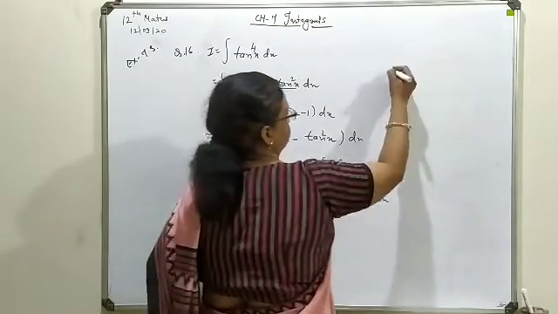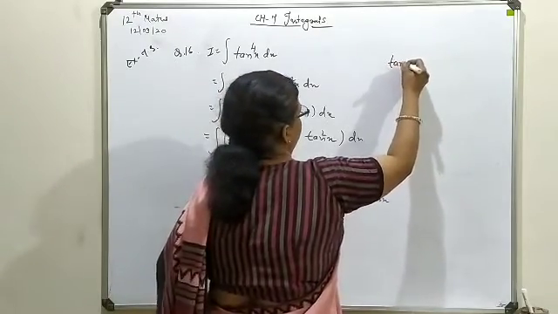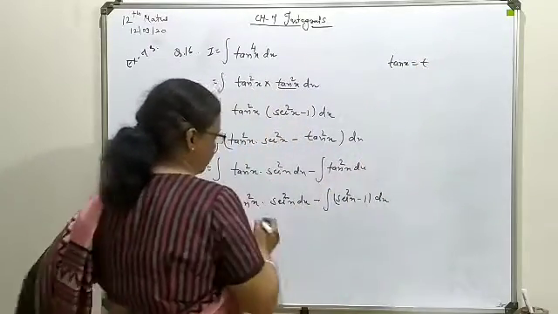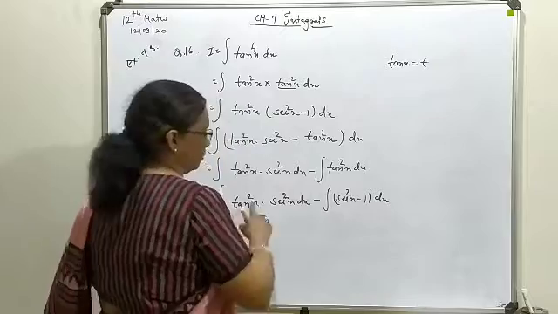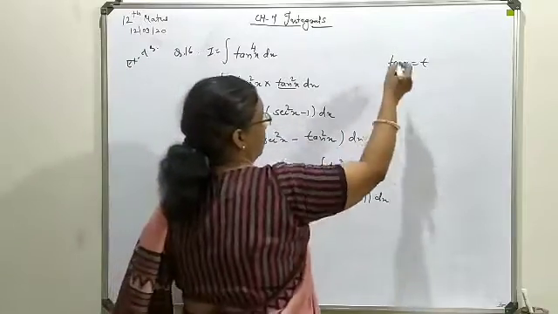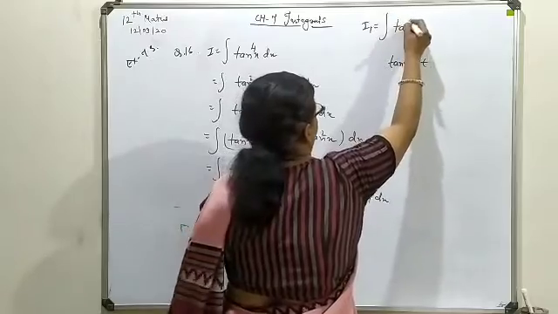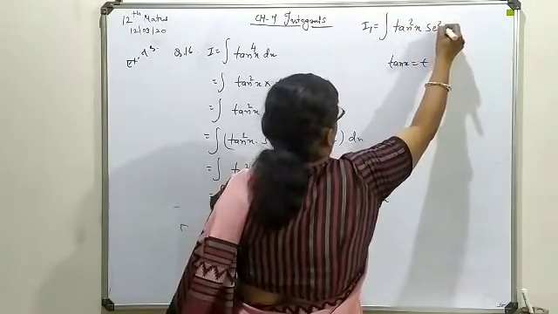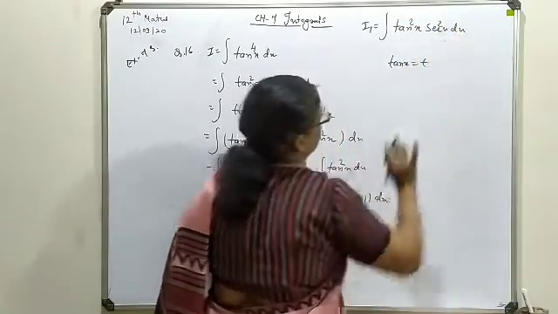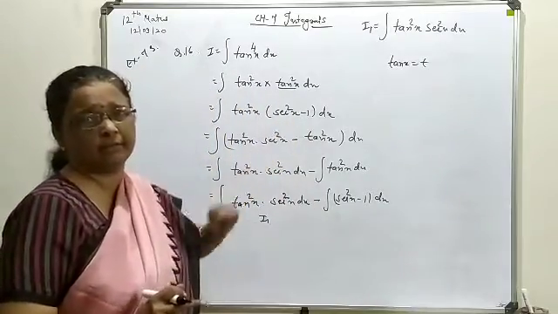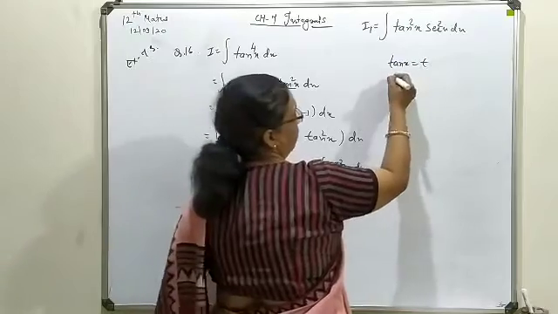So here tan x we will suppose as t, or this you can handle as I1 also. So for I1 it is your tan square x sec square x, along with the solution also you can suppose. So tan x you are having as t, make it differentiate.